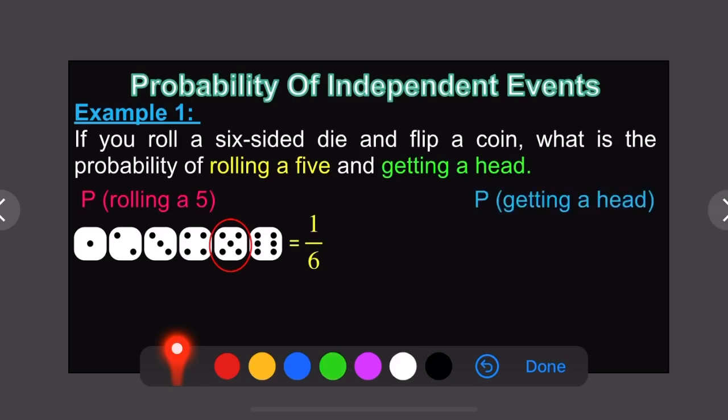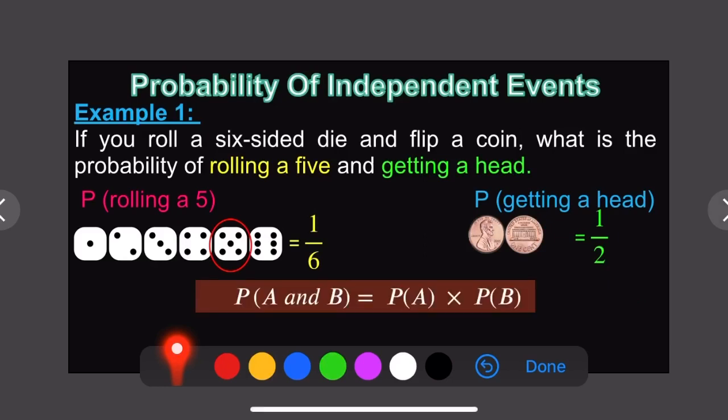Let's look at the second event, probability of getting a head, right? So you can either get a head or a tail. There are no other choices, right? So getting a head is 1 by 2. So now we have probability of each event separately. The first event is 1 over 6. Second event is 1 over 2.